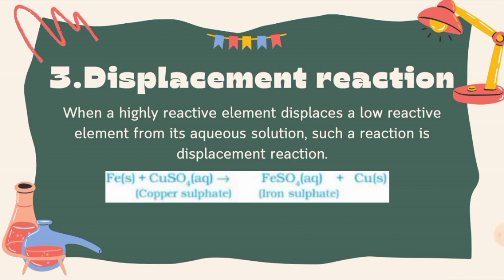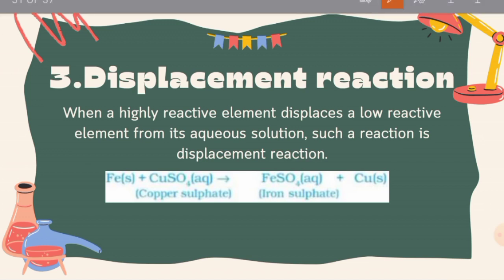Okay, now take an example, iron. If you drop a piece of iron in copper sulfate solution, copper sulfate is an aqueous solution, right? You need to put it in water, so it is an aqueous solution. So iron plus copper sulfate will give iron sulfate plus copper. That means these two are getting displaced. That's why it is a displacement reaction.